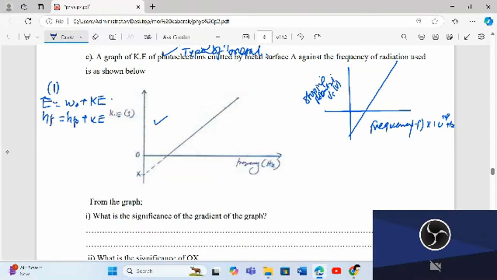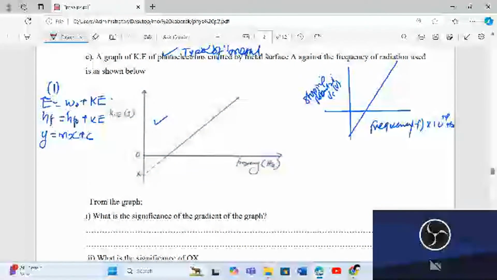Using the equation of a straight line, y is equal to mx plus c, our KE, since it is the one on the y-axis, we should make it equal to hf minus hf naught.